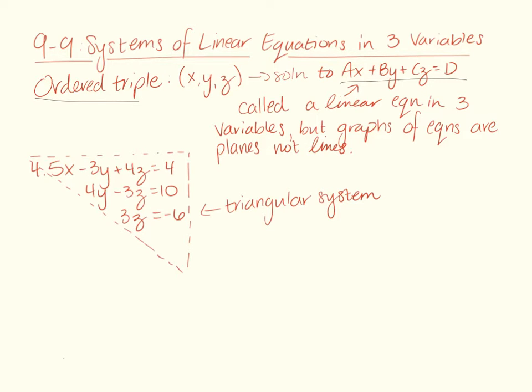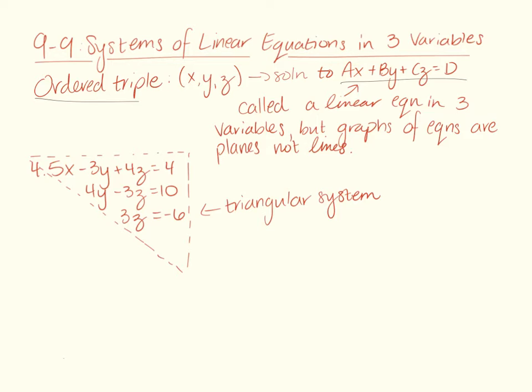This is called a linear equation, and up until now we have always assumed linear means line. But the graphs of these equations are actually not lines, they're planes, and that's because we are in 3 dimensions now. Okay, so instead of a line being the basic graph in 3 dimensions, it's a plane.